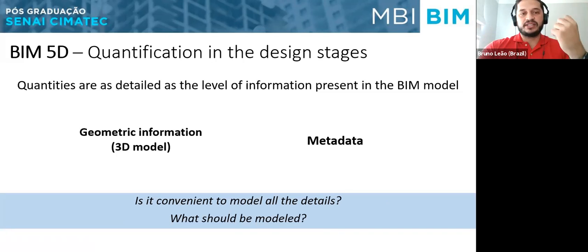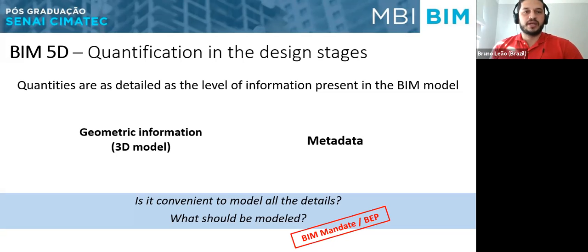What defines it is just the BIM mandate and the BEP, or the BIM execution plan. Even before we start the BIM modeling, if we are trying to have a budget, or at least the quantities of this BIM model, we have to define that at the start. That's the main point of our model, and what defines it is just the BIM mandate and the BEP. Okay.